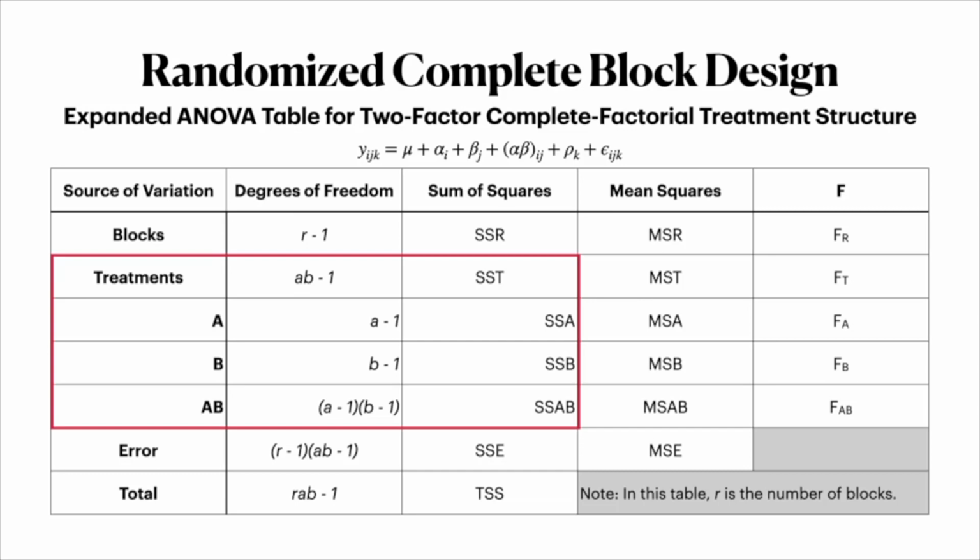And then corresponding to that, we've added 3 new rows to the treatment structure section of the ANOVA table. So again, we have a row for the A main effect that corresponds to alpha sub i. We have a row for the B main effect that corresponds to beta sub j. And corresponding to the alpha beta ij in the model, we have a row for the AB interaction source of variation.